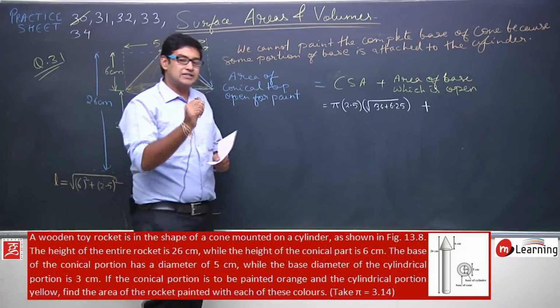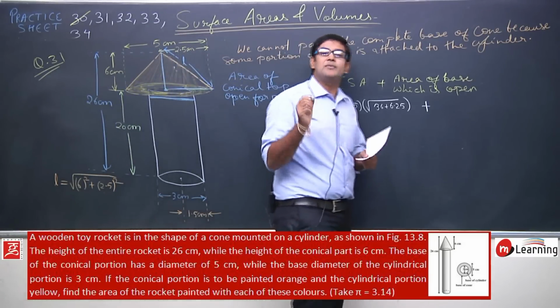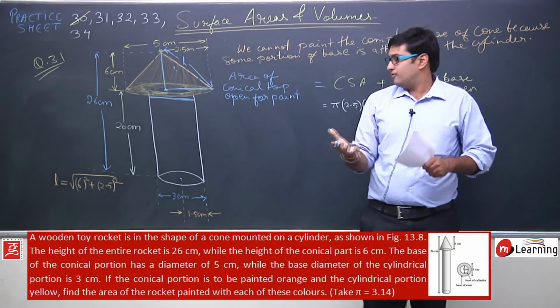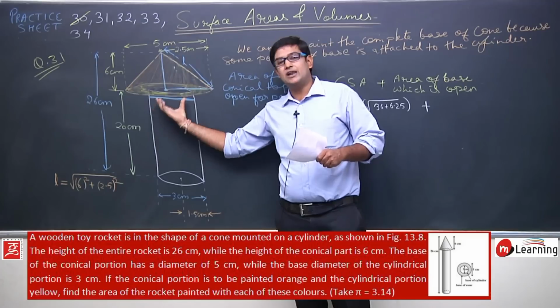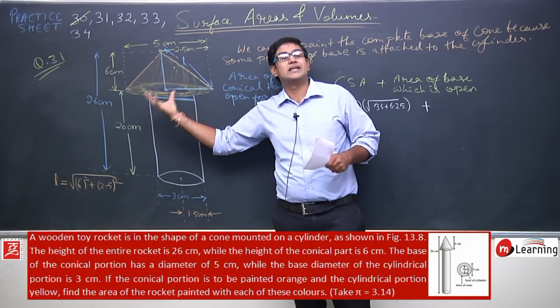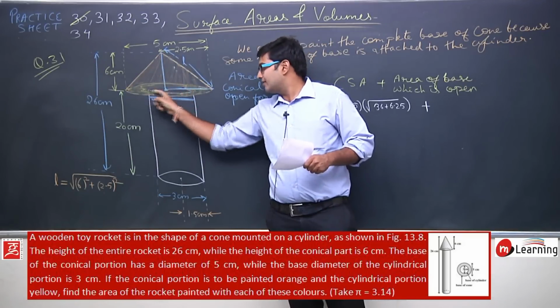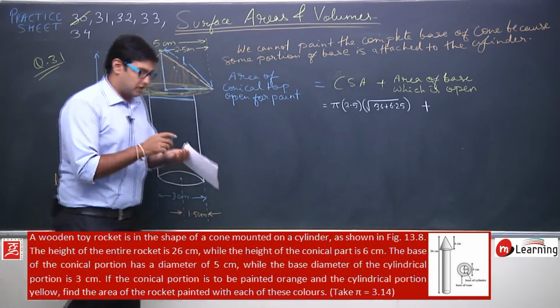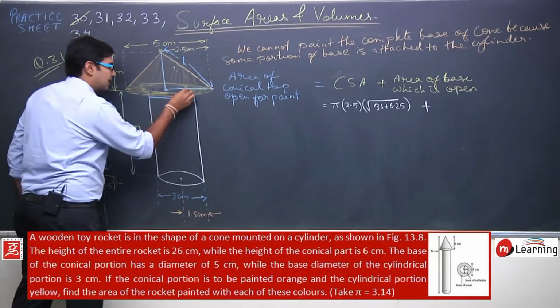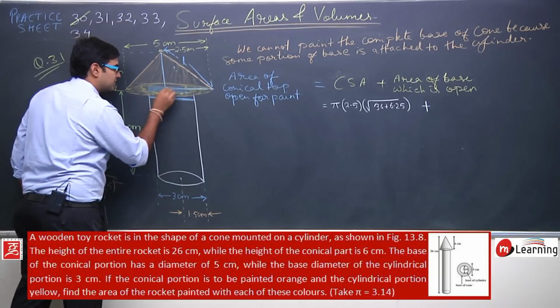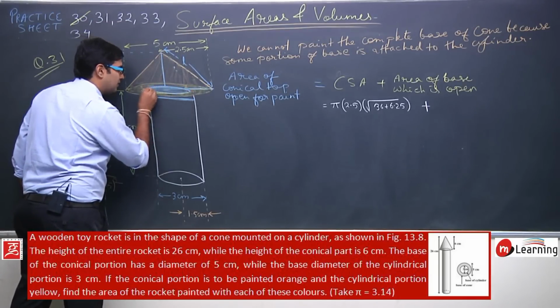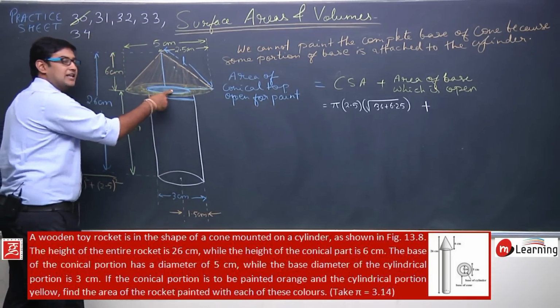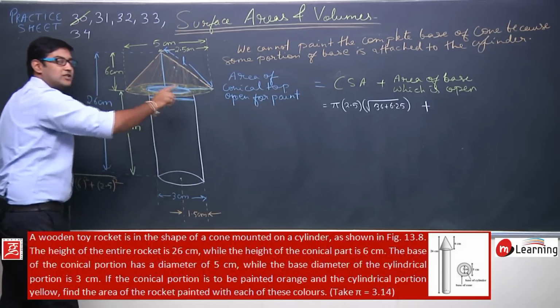The area of the base covered by the cylinder will be equal to the area of this cylindrical base, this circle, this white colored circle area will be covered. So let us mark it like this. I need to subtract this area from the complete area of this base.